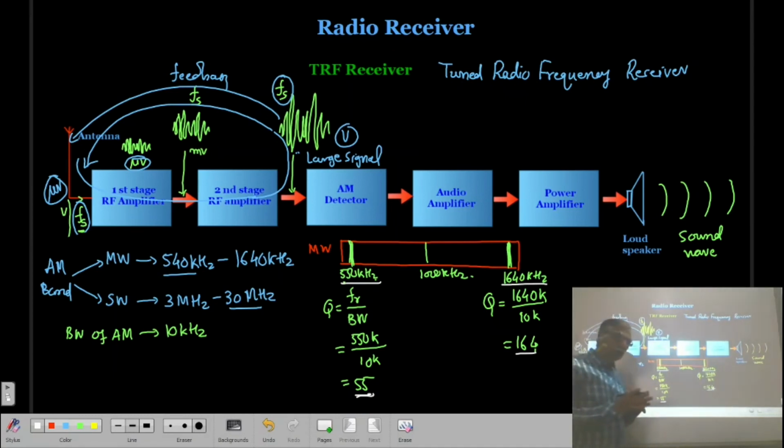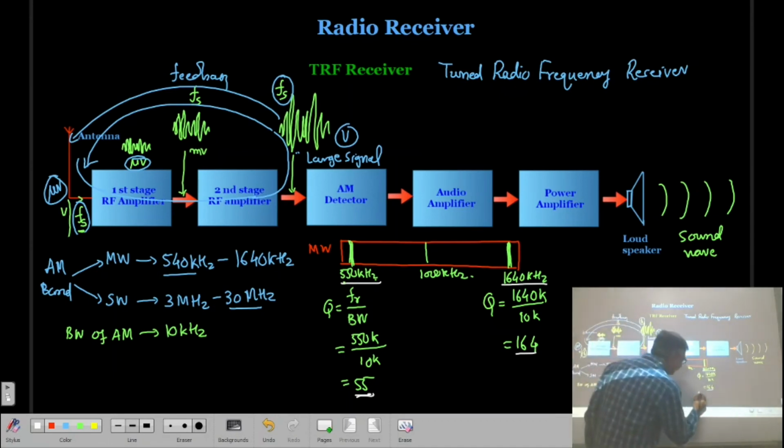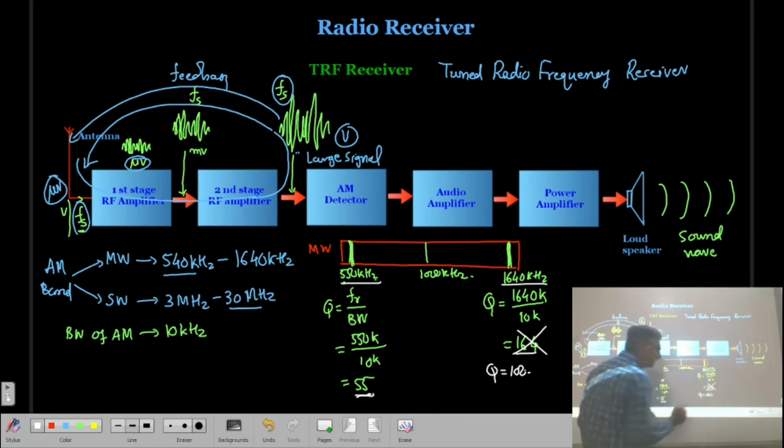Due to the dielectric loss of the capacitor, and different types of losses in the inductor and the capacitor, the quality factor cannot be increased more than 100. So let us consider that the quality factor is going to be 100 maximum. This is theoretical, but practically you can achieve up to 100.